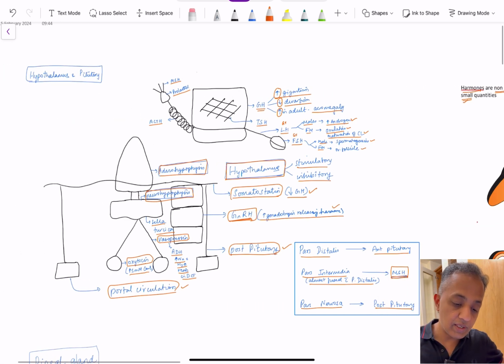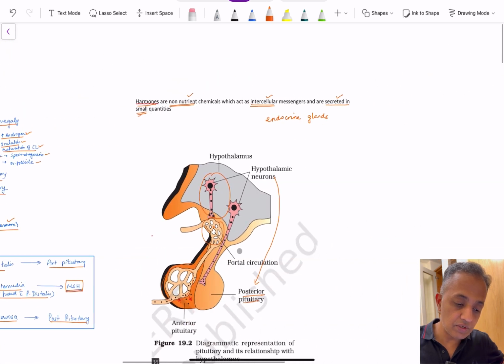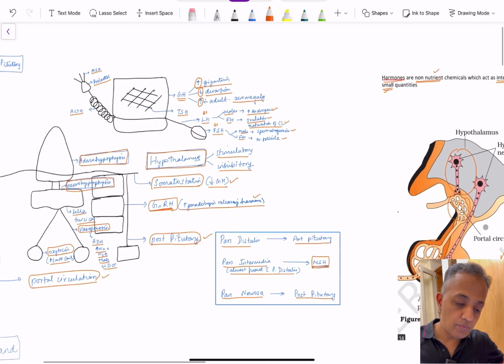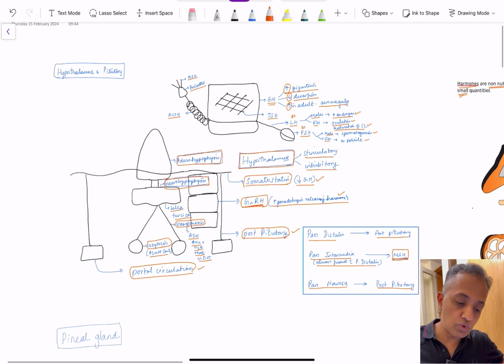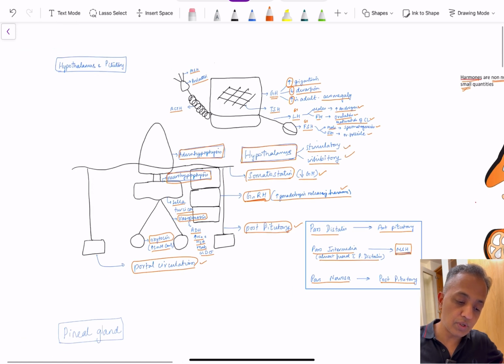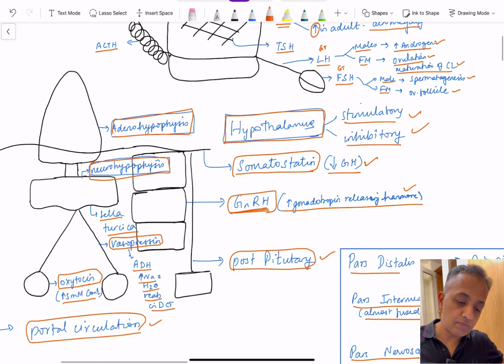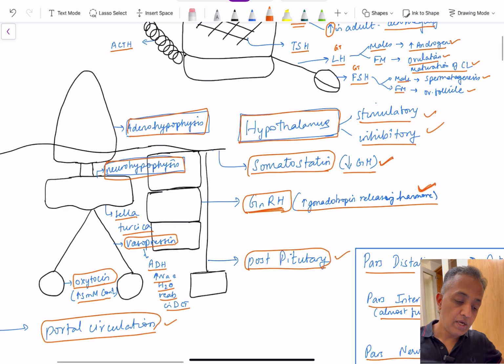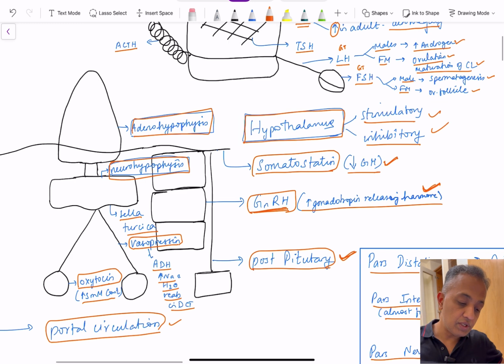All right, so very quickly let's see the structures that we covered. We saw that the hypothalamus has both stimulatory and inhibitory hormones. It releases somatostatin, which reduces growth hormone production, and it also produces GnRH, gonadotropin releasing hormone. Then we talked about the posterior pituitary, which is under direct control of the hypothalamus.